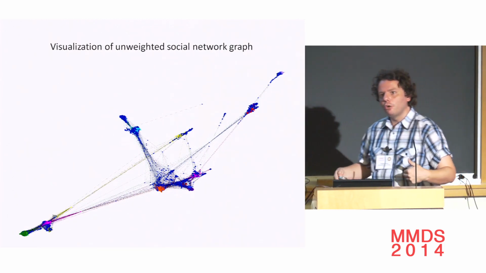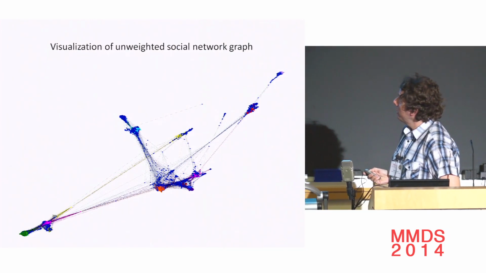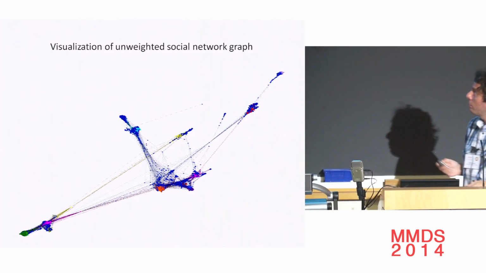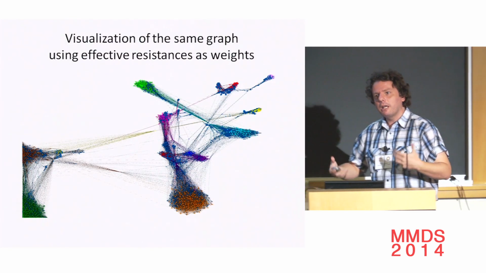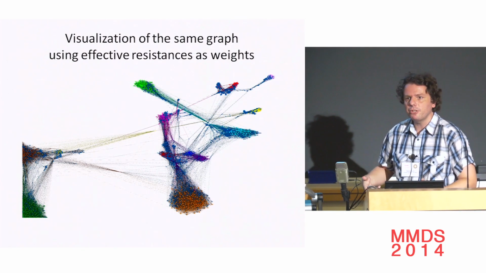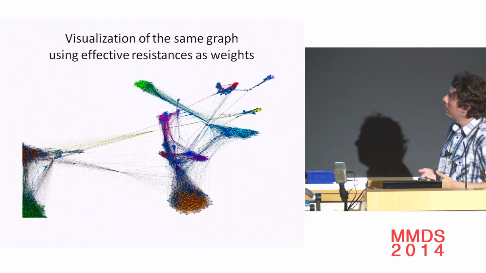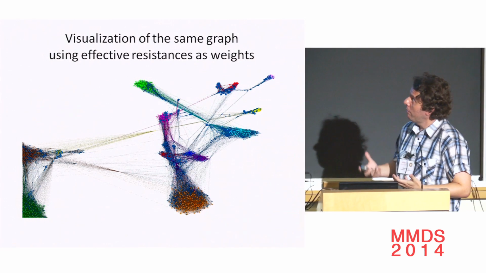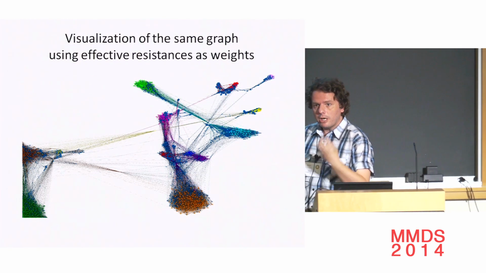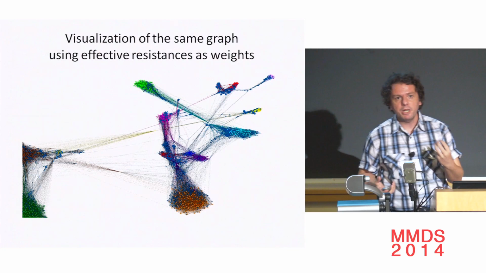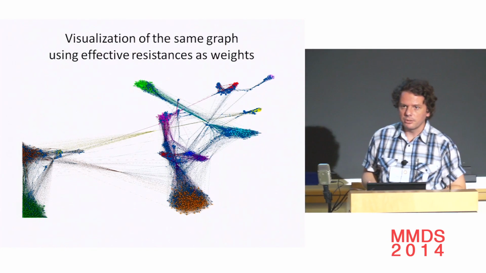But after you compute these effective resistances, which you can grab from my page, you visualize a graph based on these effective resistances, where you reweight your graph based on the effective resistances. You get a much better picture of the communities. And that reflects the underlying computation of communities that have much better guarantees and much better properties.